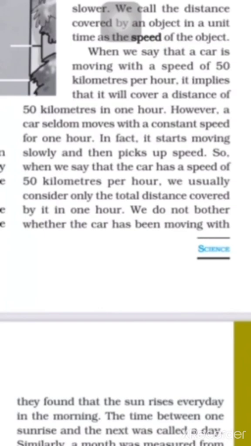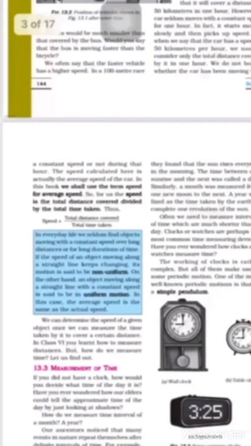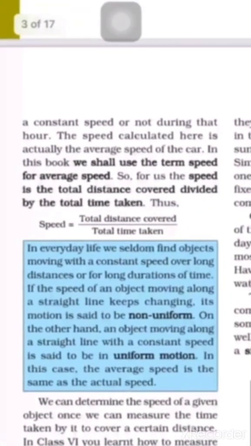When we say the car is moving with a speed of 50 km per hour, it implies that it will cover a distance of 50 km in 1 hour. However, the car does not move with a constant speed for 1 hour. In fact, it starts moving slowly and then picks up speed.